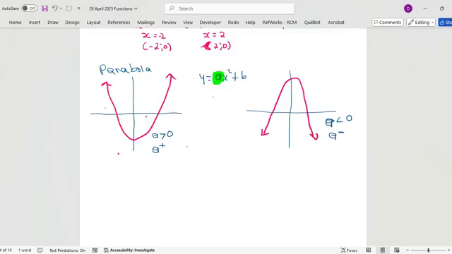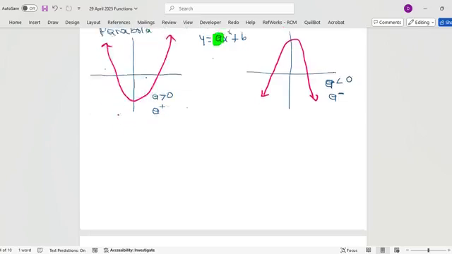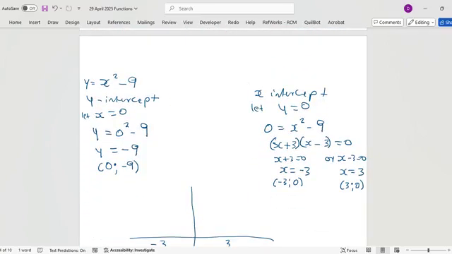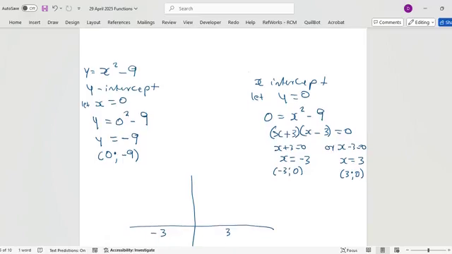Now, if I may ask here, what is the coefficient of x squared here? Looking at y equals to x squared minus 9. What is the coefficient of x squared? That is what I'm talking about there. I believe people can see that. Let me use the highlighter so that everyone can see.